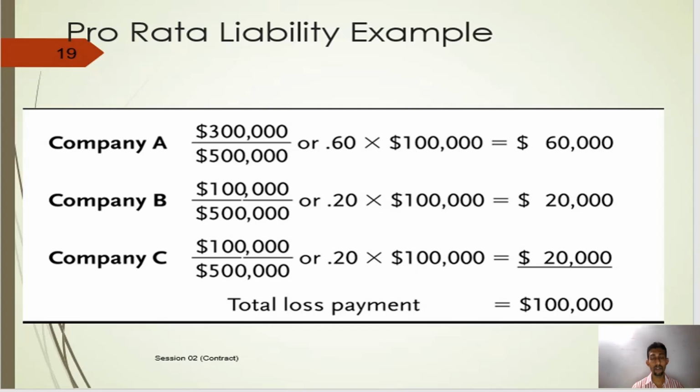Company B, which insured for 100,000, pays only 20,000, and company C another 20,000. So you can see this 100,000 is contributed by all 3 companies, and it's not going to go beyond the total loss, which prevents the policyholder from making a profit out of this insurance claim.